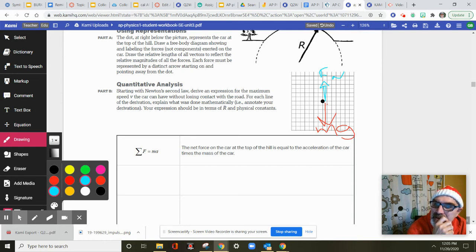The reason the normal force is decreasing is because as you go over that hill, you're rolling up that hill, right? Can you imagine that if you hit it just right, maybe you could launch off the hill into the air, like if it was a ramp, you'd go flying off of it.